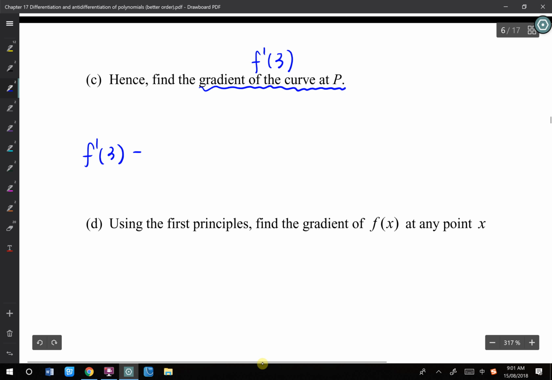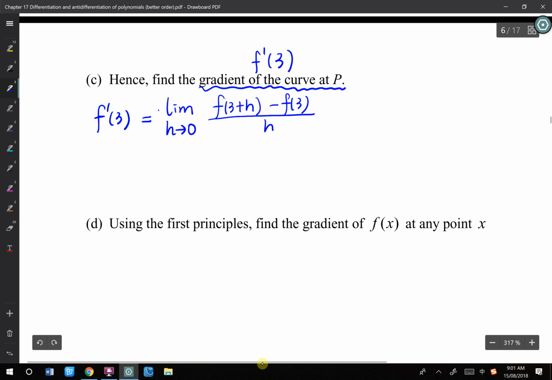Let me remember what the formula is for f'(a). So we're trying to find a specific point, which is f'(3). So f'(3) is the limit as h approaches 0 of (f(3 + h) - f(3)) over h.